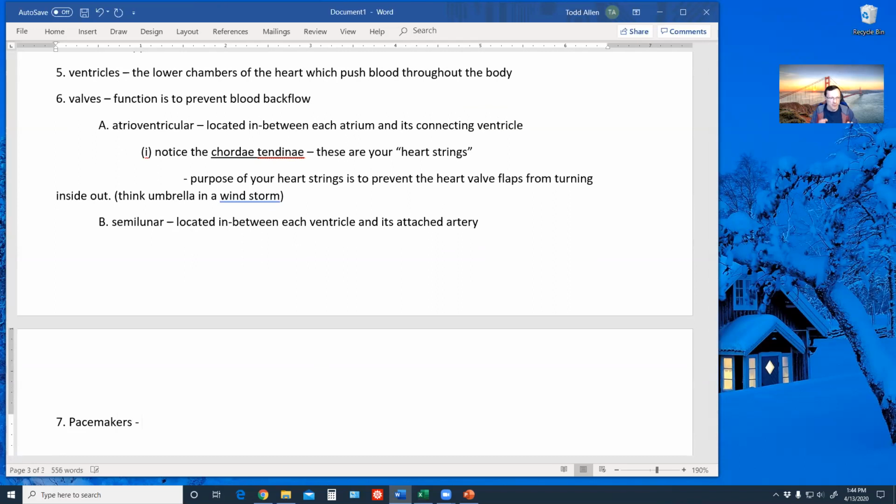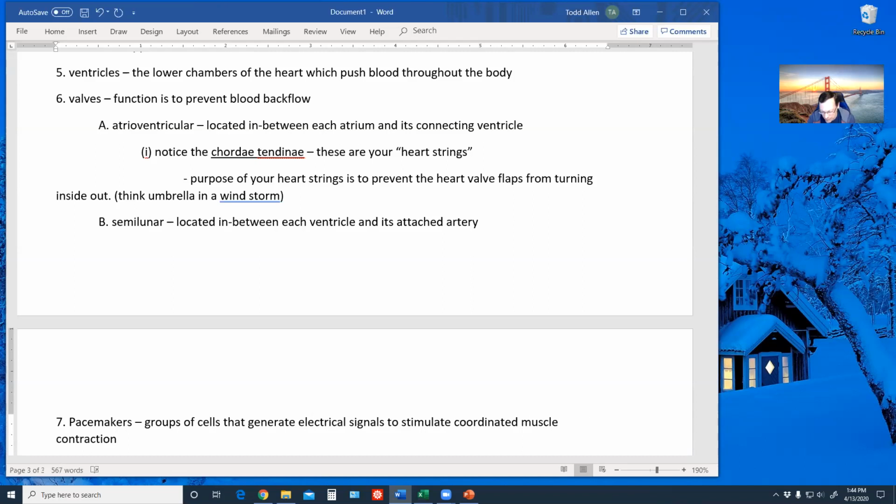The pacemakers of the heart are groups of cells in the heart that help establish the coordinated electrical rhythm of heart contraction. Groups of cells that generate electrical signals to stimulate coordinated muscle contraction.